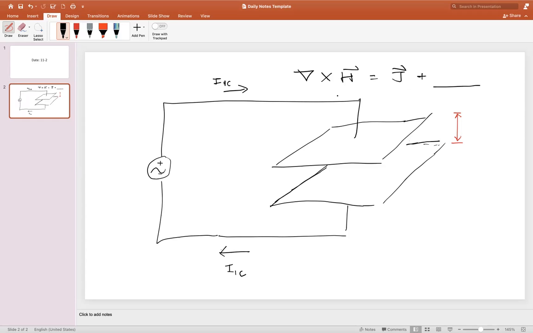There's some field here that is not completely described by the moving current, because there aren't actually moving charges in here. And that term is this term. What does this describe? What does this mean?